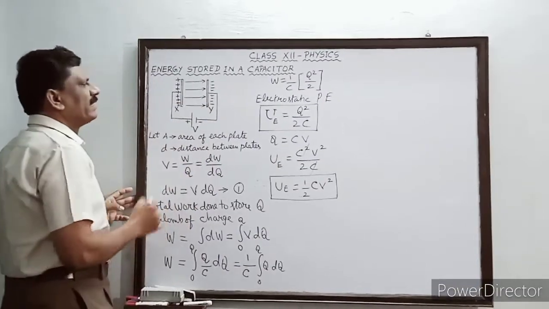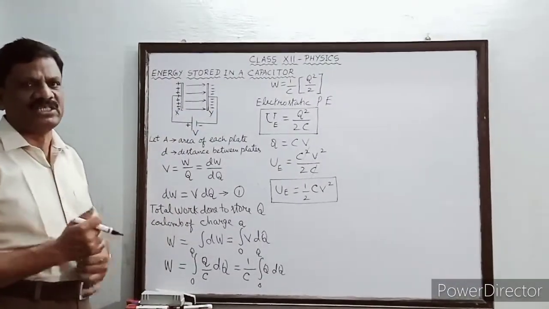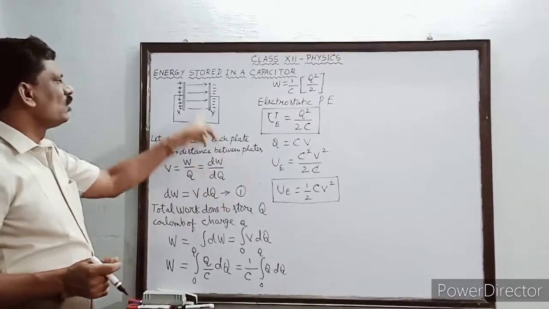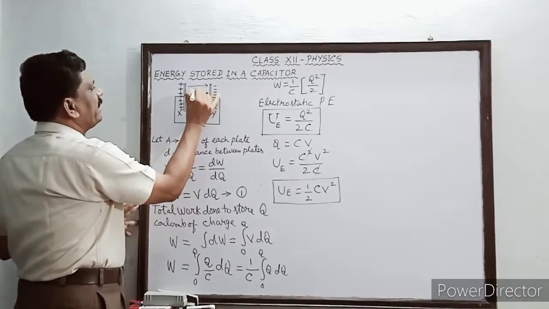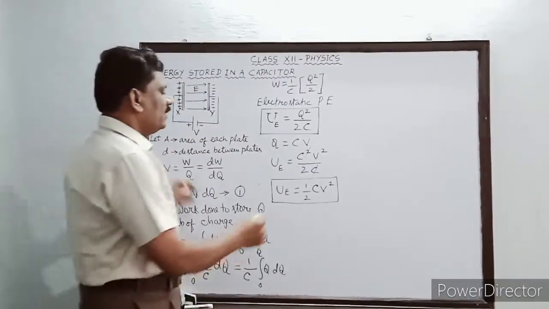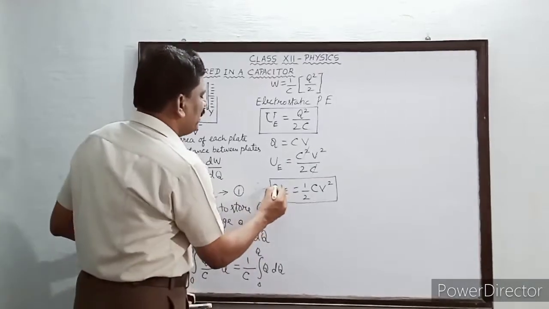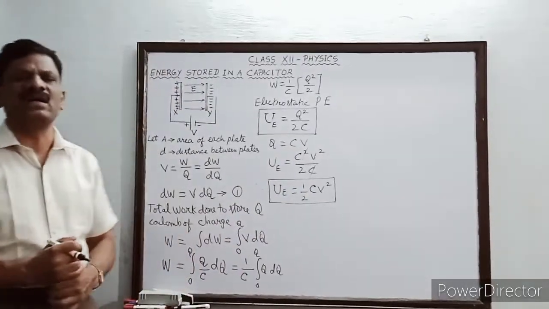Once the capacitor plates are charged, an electric field will be established, and this energy is stored inside the electric field only. So let us take that E is the electric field between the two plates. Understand?